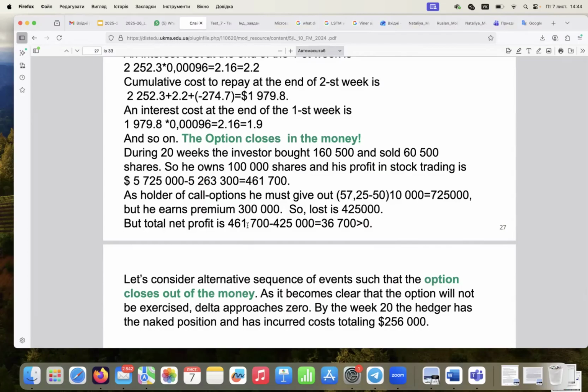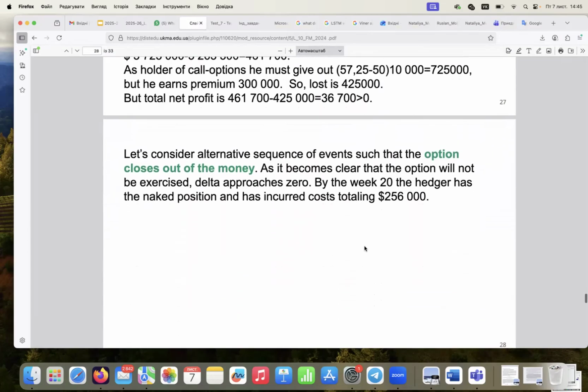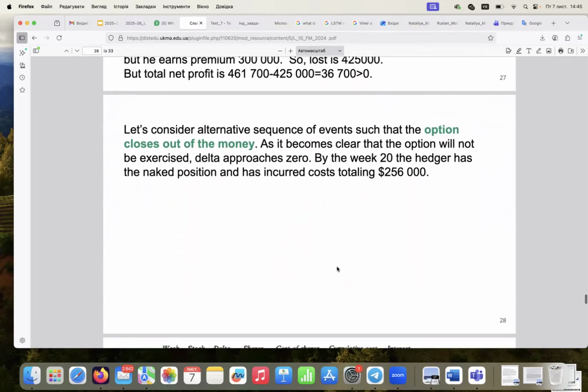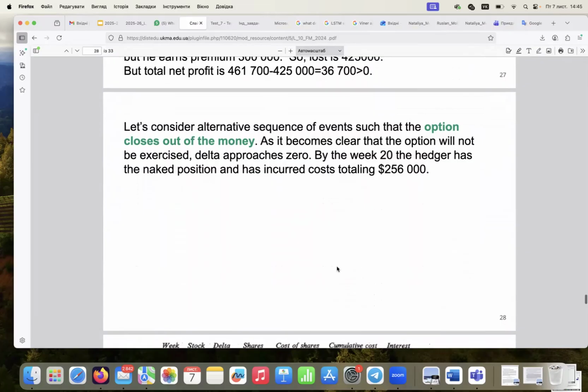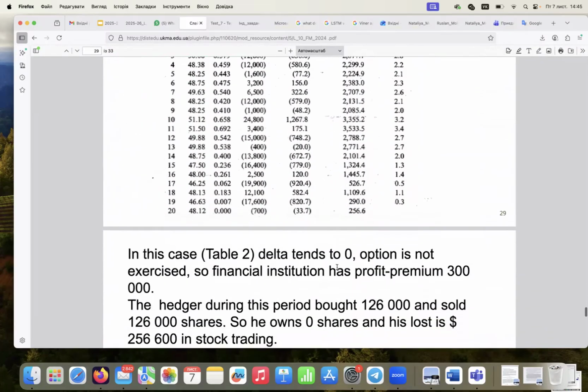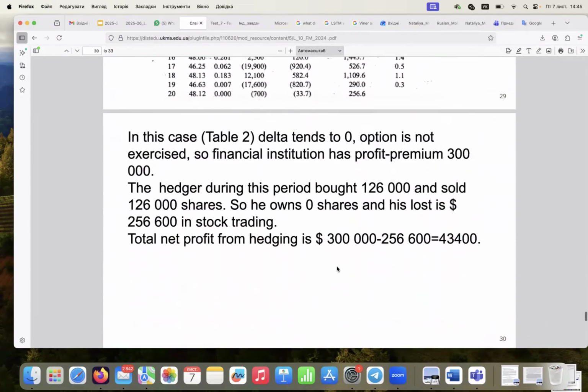But if we compare the profit from stocks and the loss from the option, the net profit is positive anyway. And the second example: the option closes out of the money.